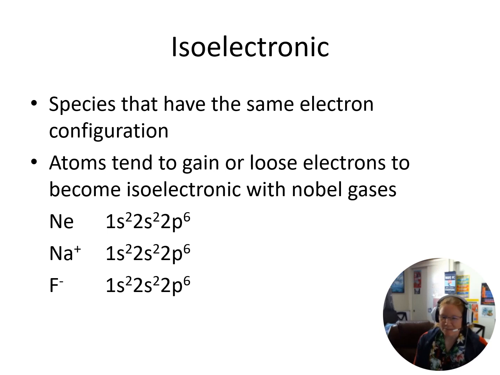So sodium, if I take off its single 3s electron, it has a 1s2, 2s2, 2p6, just like neon, so it's isoelectronic to neon. Fluorine, if I add in one more electron to its electron configuration, now it has a full octet, and it is isoelectronic to neon as well. So again, isoelectronic just means that they have the same electron configuration.